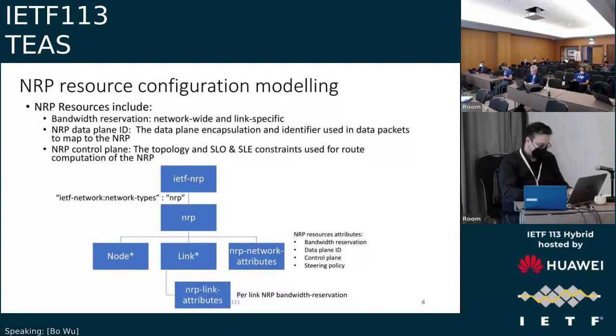And each NRP has its own control plane. In that way, for each NRP route computation, they can be constrained with the NRP topology and also the SLO and SLE constraints. So next, please.